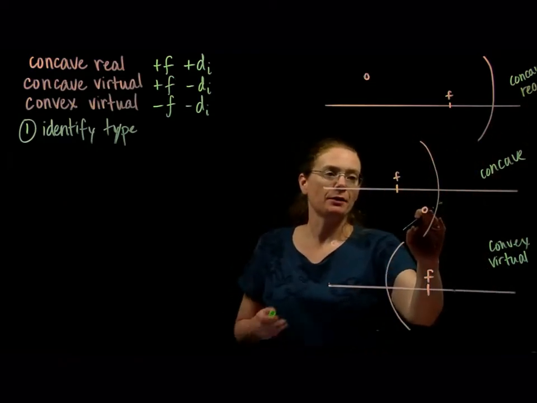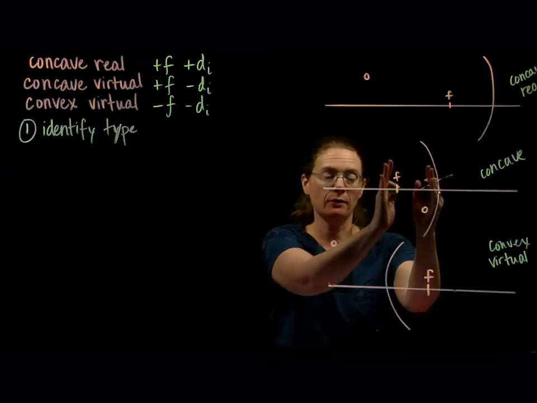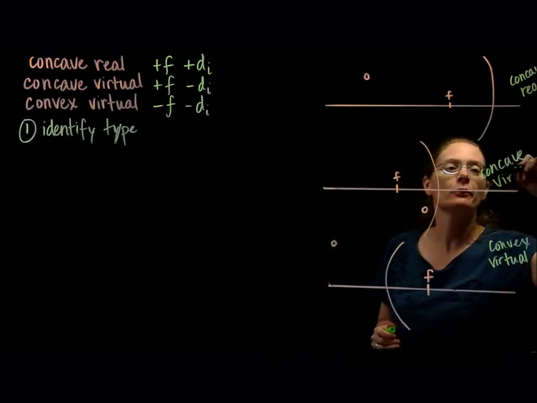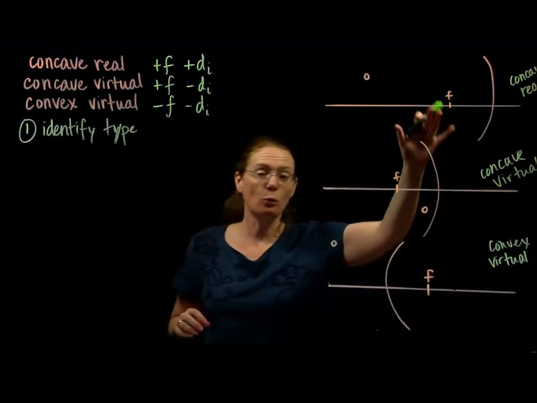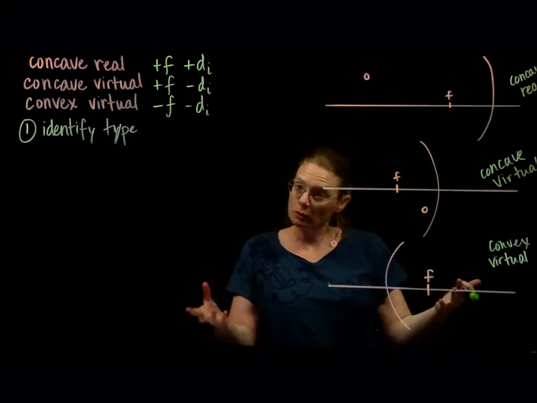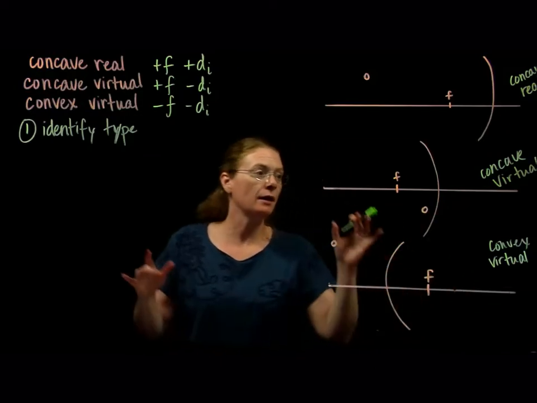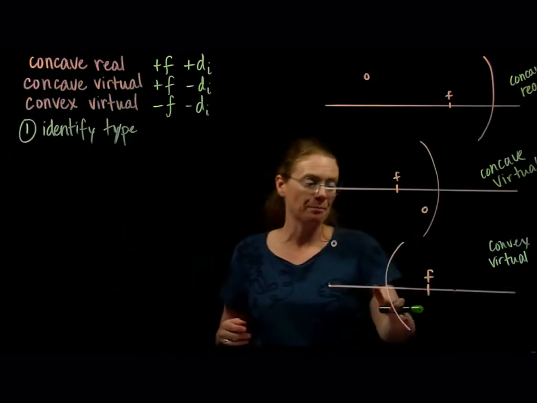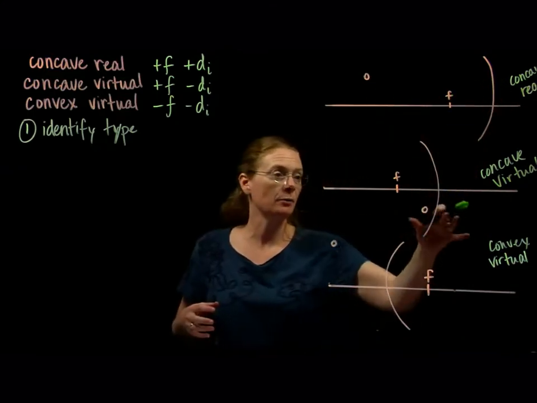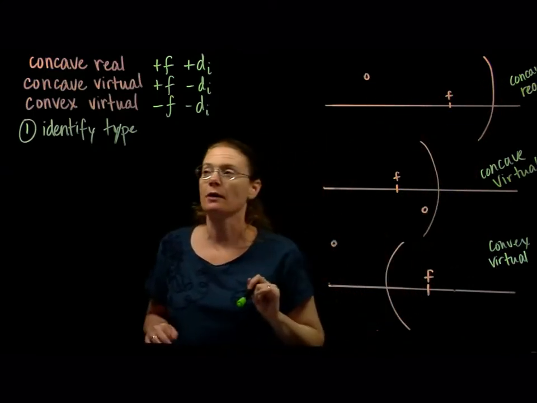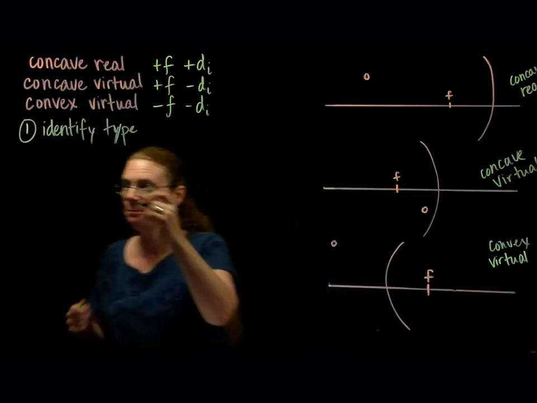If the object is within that focal length, then it is virtual. So that is how you identify what type of mirror problem you're going to be encountering. Concave or convex based on the shape, and virtual or real based on where the object is relative to that focal length. So that is step one.